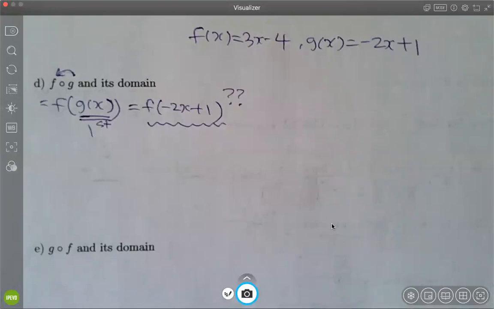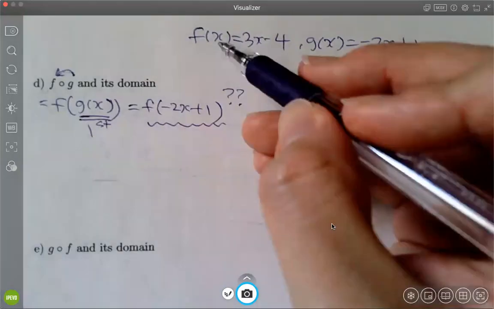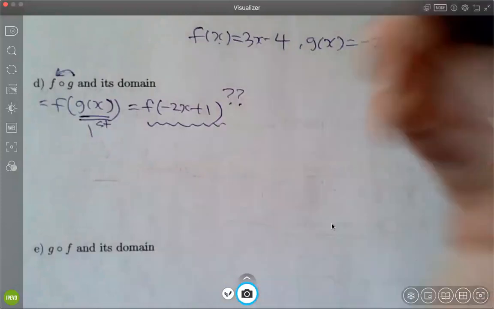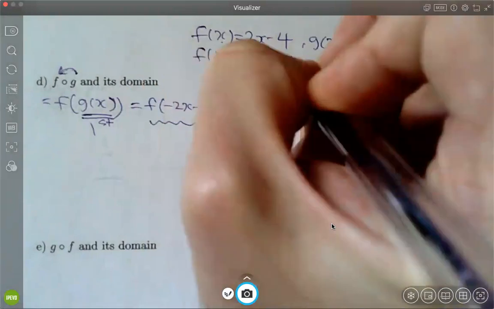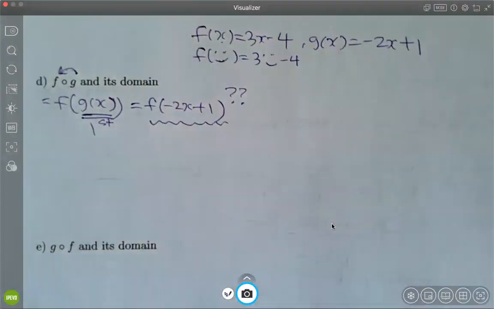What do we do here? So maybe seeing x here and x here can confuse people. Now, do you see what to do?